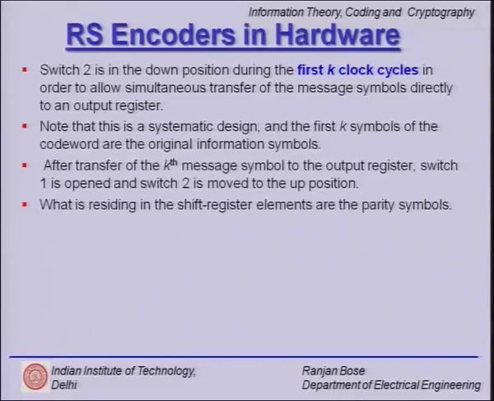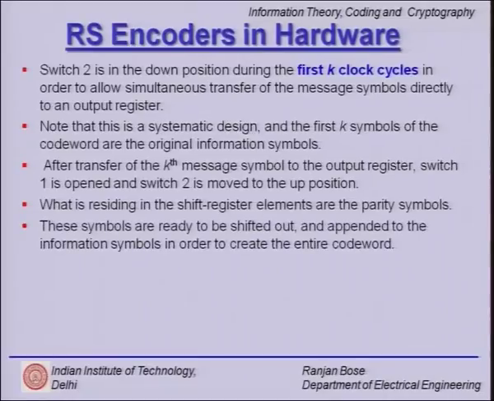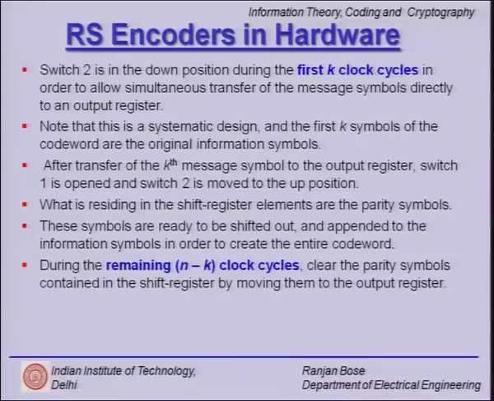So, what is residing in the shift register elements are actually the parity symbols. These symbols are ready to be shifted out and appended to the information symbols already stored in a buffer, which will create the entire code word. So, please note the very efficient hardware implementation, first k clock cycles and second k clock cycles, things happening in parallel, right.